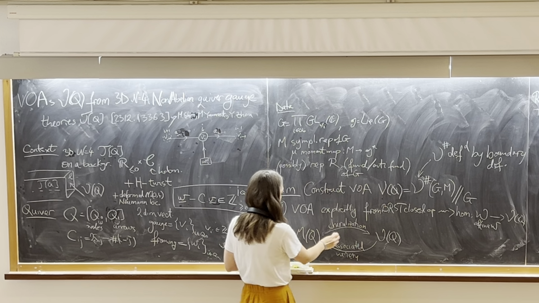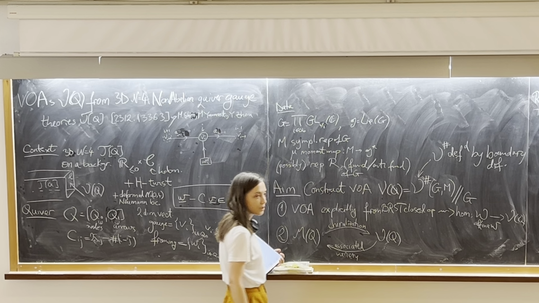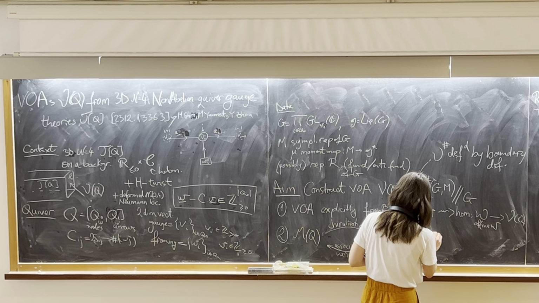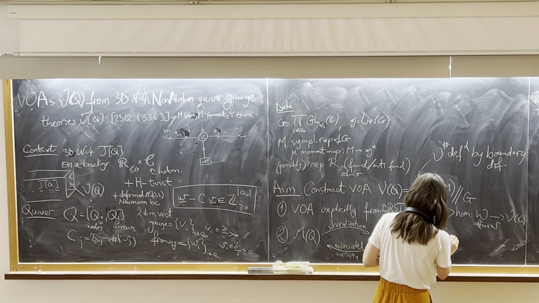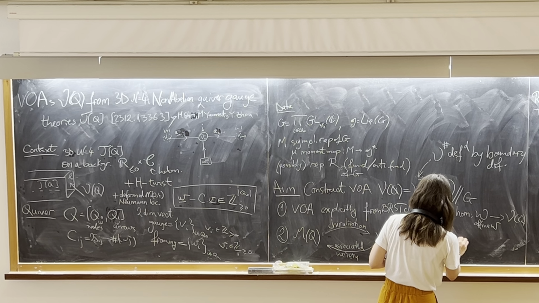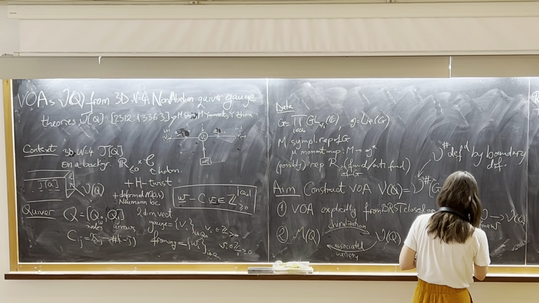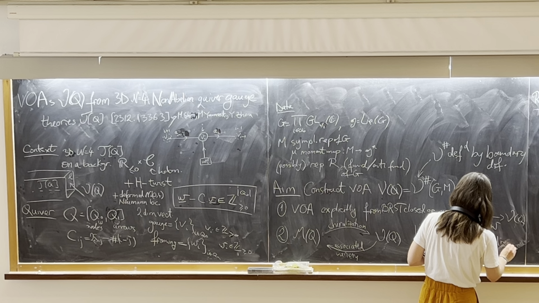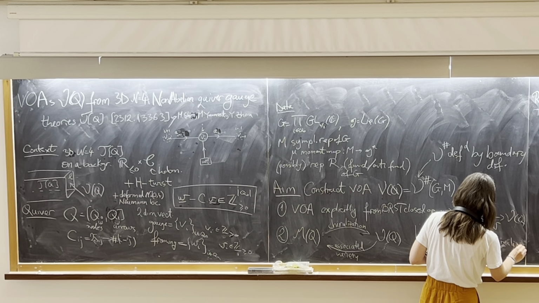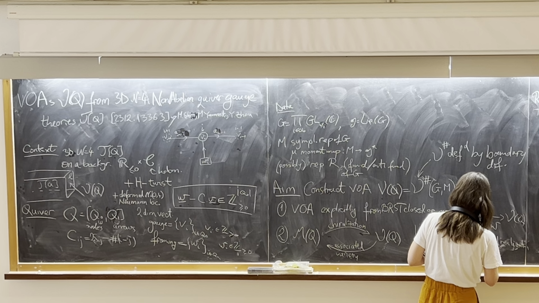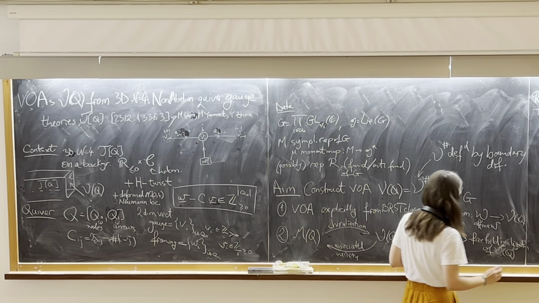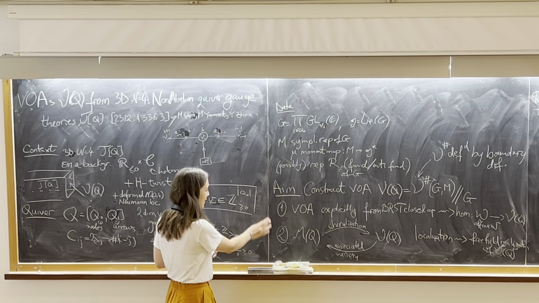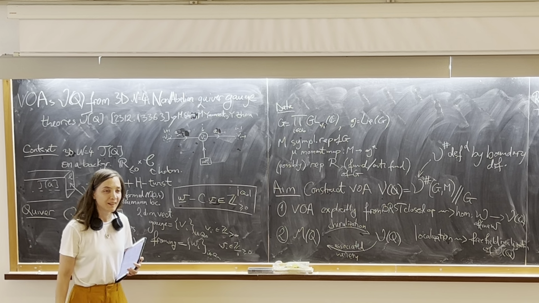And then from this procedure of chiralization, working locally, so localization, this allows to find the free field realizations of this V of Q. I will explain when I get there. So this is a preview. These are the two things that will come out.